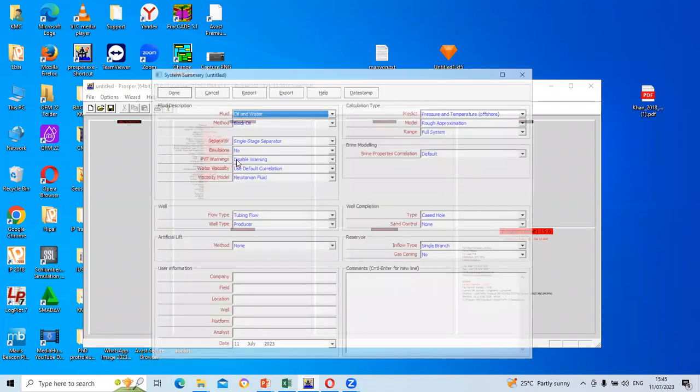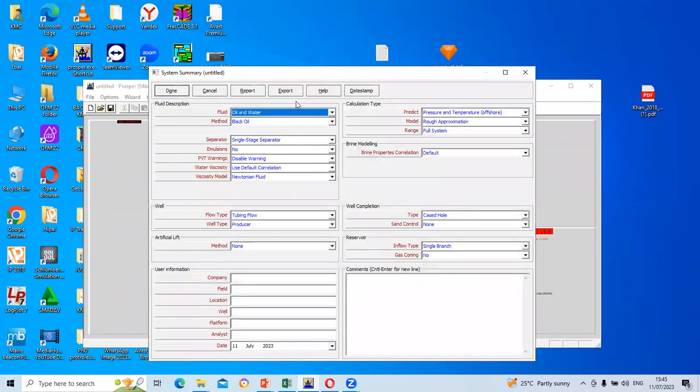So we are going to double click here, and we have so many informations that we have to fill, before we can start any interpretation or whatsoever.